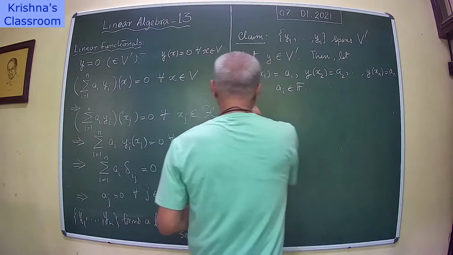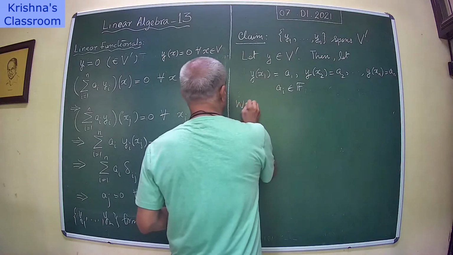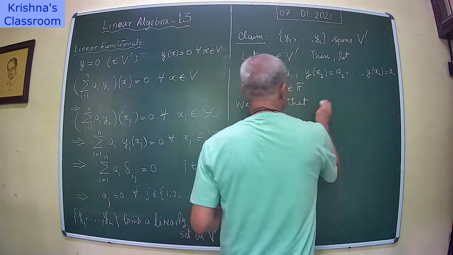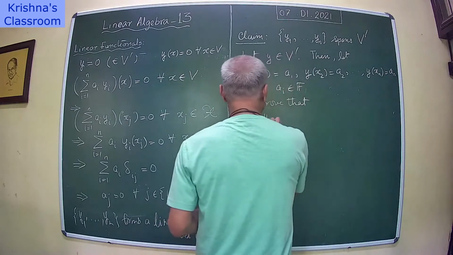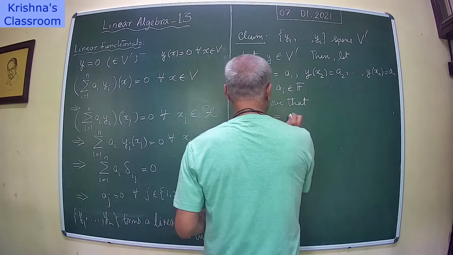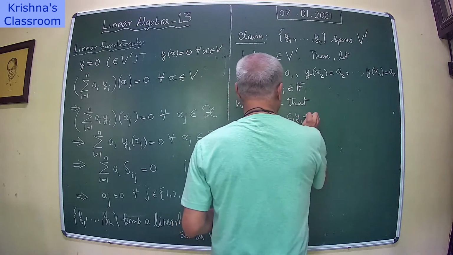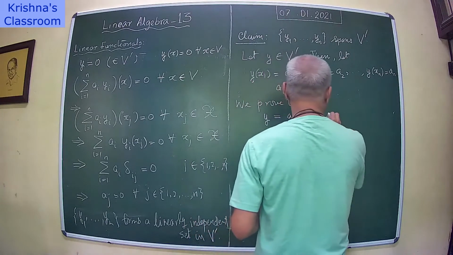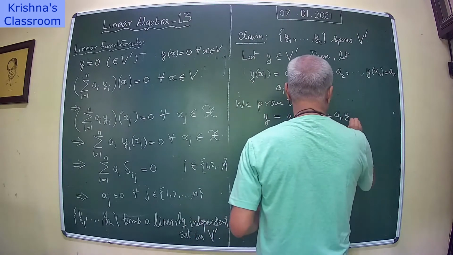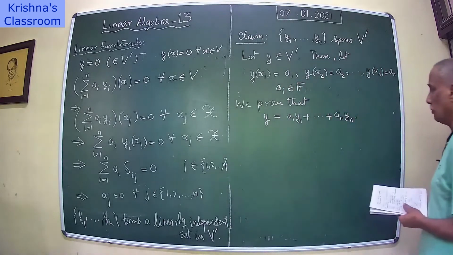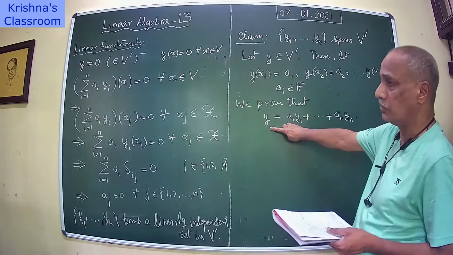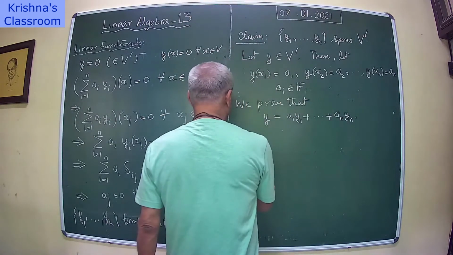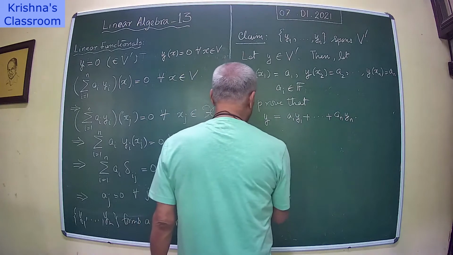Now we claim, we prove that y is equal to a1 y1 plus a2 y2 plus etc. an yn. So what do we know about y on x1, x2, etc. xn? Let us evaluate this.